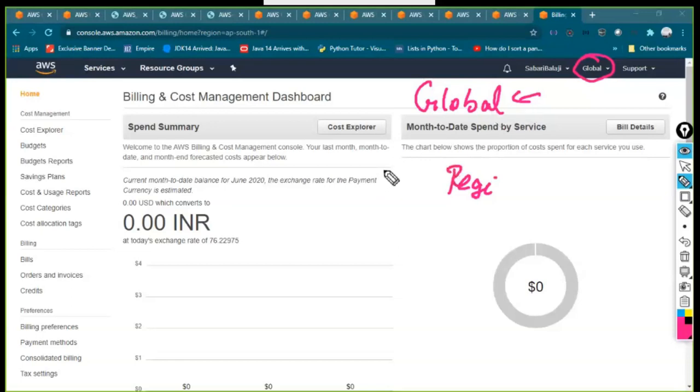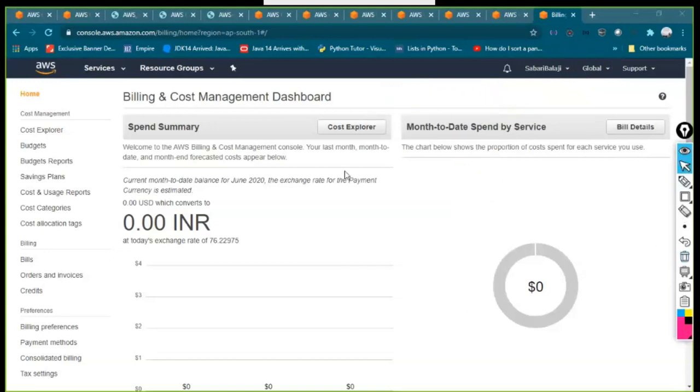There are a few services which have to be accessible irrespective of the region. Those are the services listed in the global segment. You're getting it? So global is where the services are always accessible irrespective of the region.